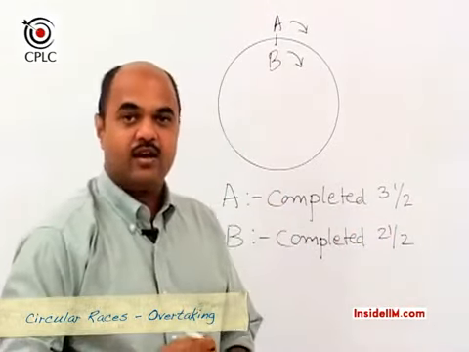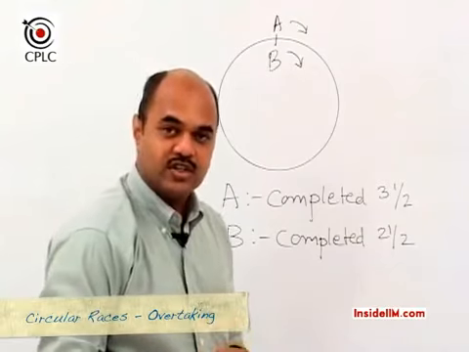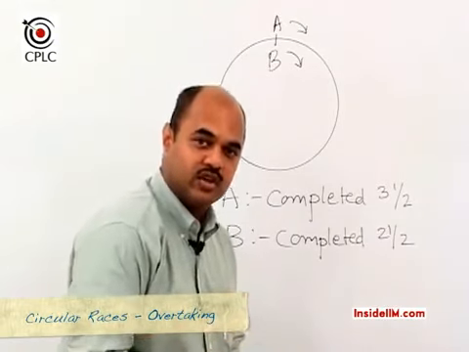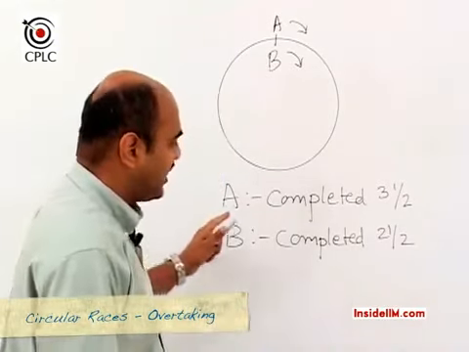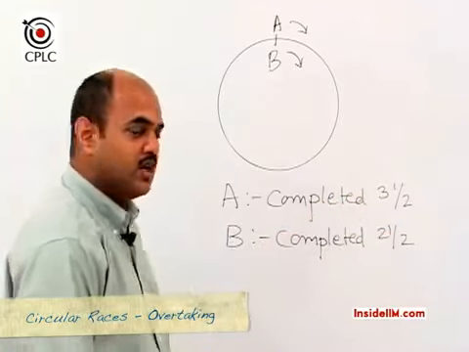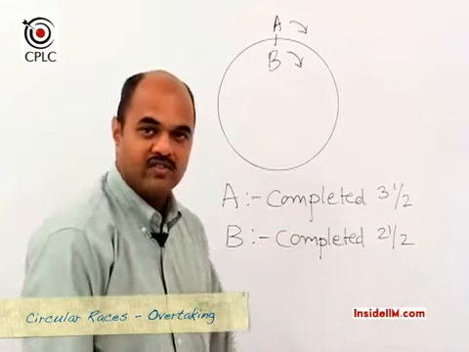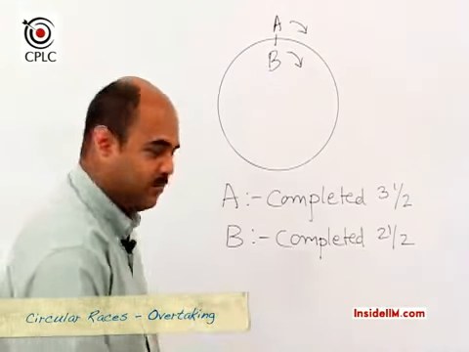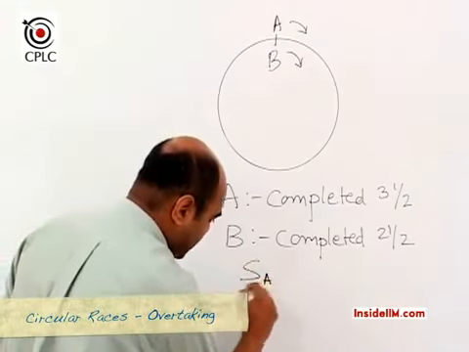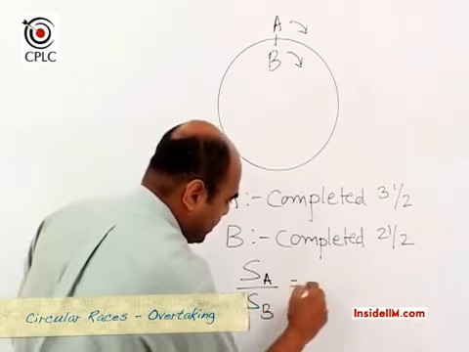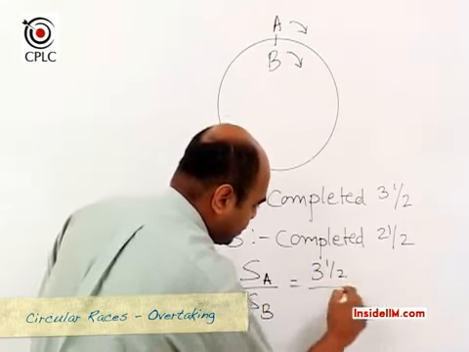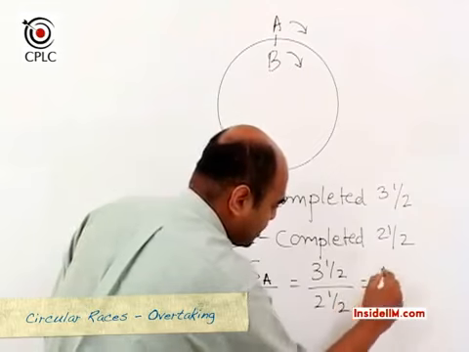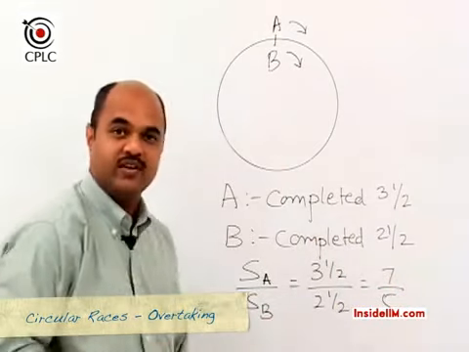So A has completed 3.5 rounds, B has completed 2.5 rounds, and since this is what is completed in the same time, the ratio of their speeds would be 3.5 to 2.5, which is nothing but 7:5.